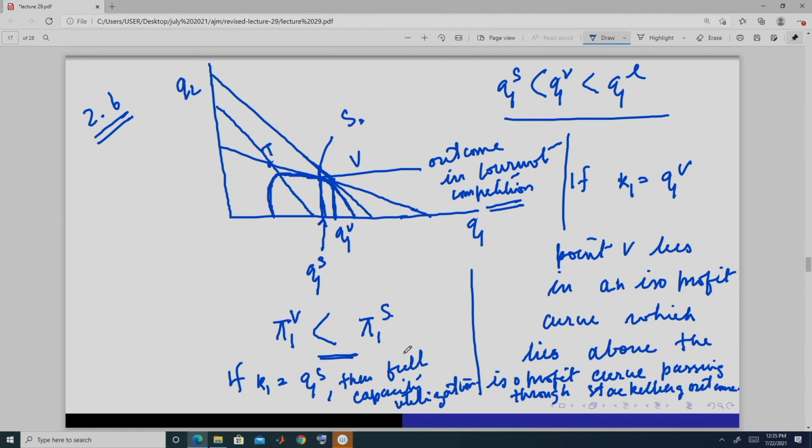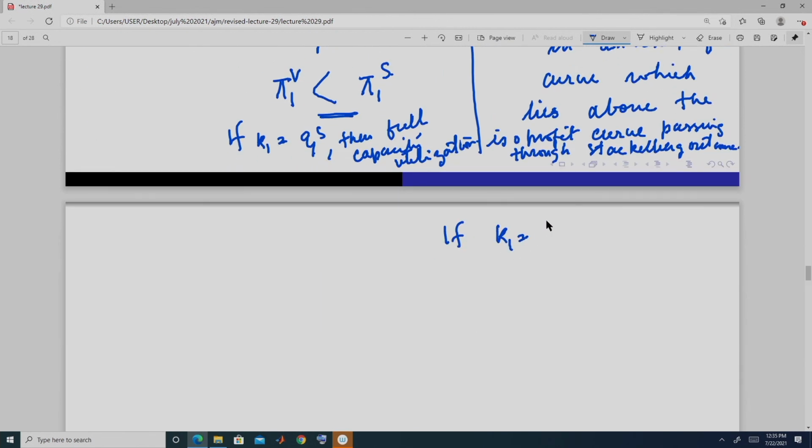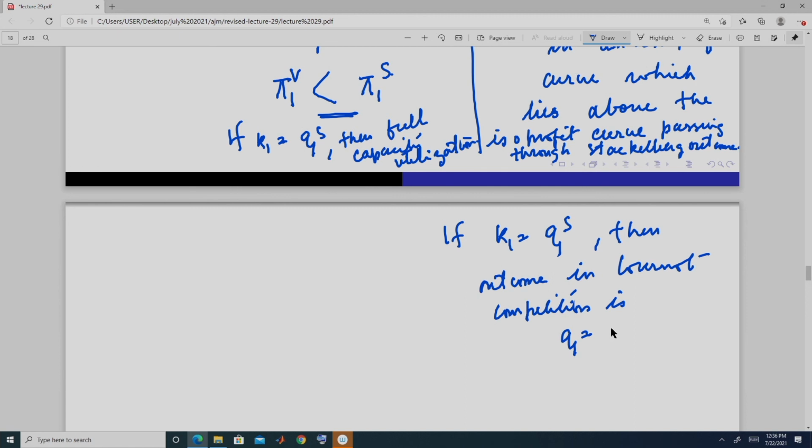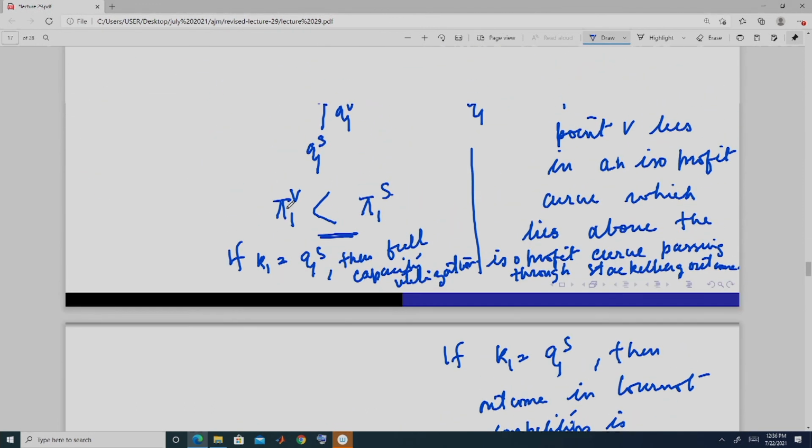So profit will be at a higher rate if K1 is this. If K1 is equal to this, then the outcome in Cournot competition is Q1 equal to K1, which is equal to Q1S, and Q2 is this Stackelberg output, Q2 star. So here profit will be higher than this point.